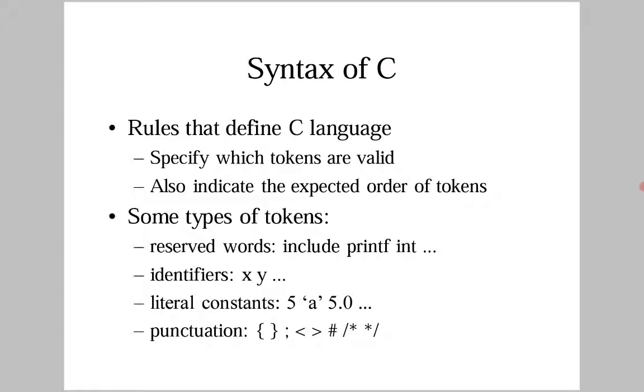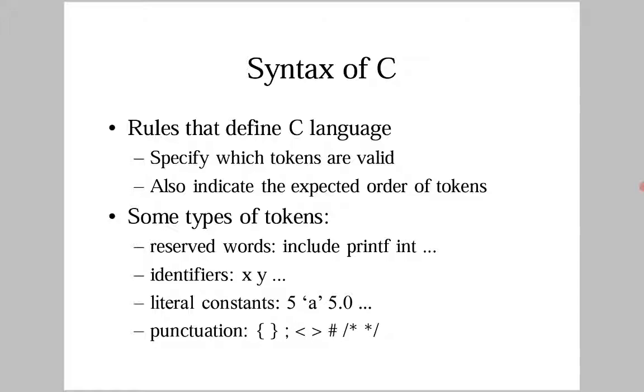So what are the syntax rules of a C program? What are the tokens? Tokens are mainly of four types: reserved words or keywords, identifiers or variables, literals or constants, and punctuation symbols.